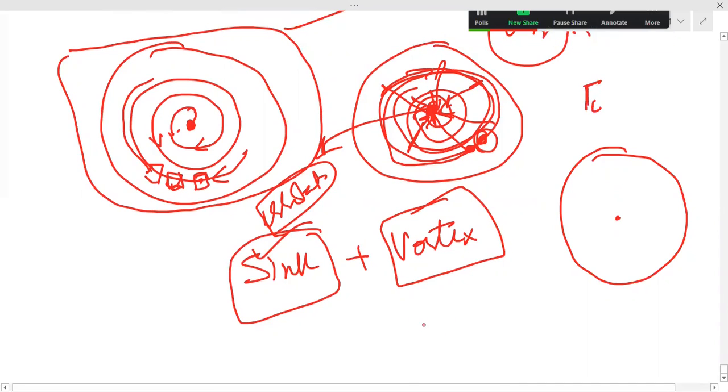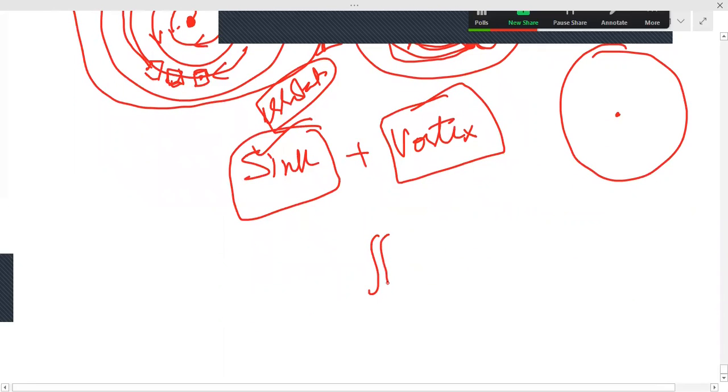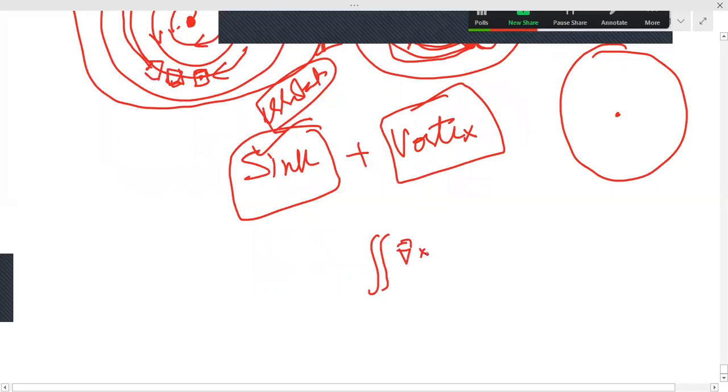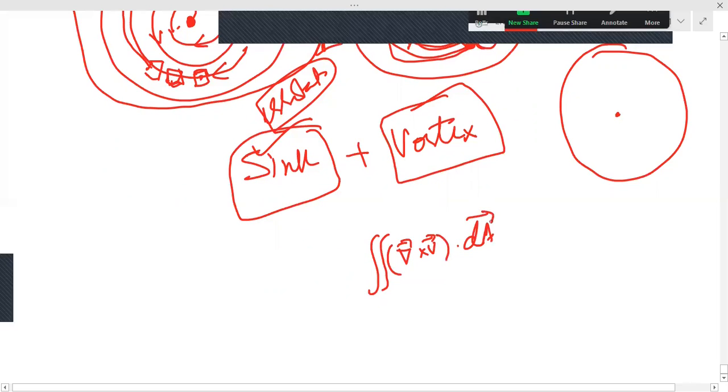Do you remember Stokes' theorem? What is Stokes' theorem? Quickly. The integral of a derivative over some region in space is equal to the value of the function at the boundaries.